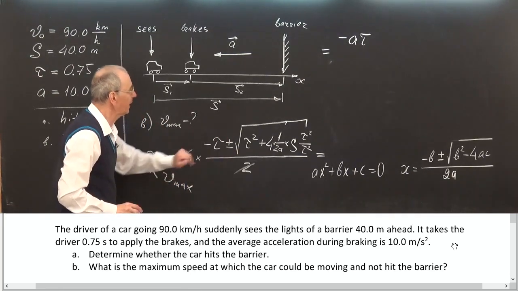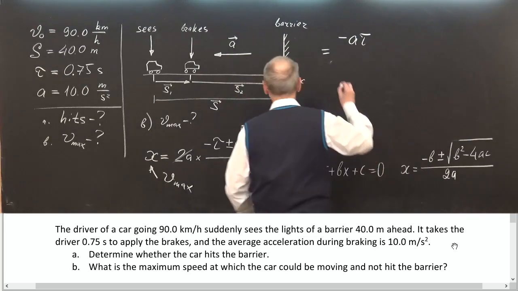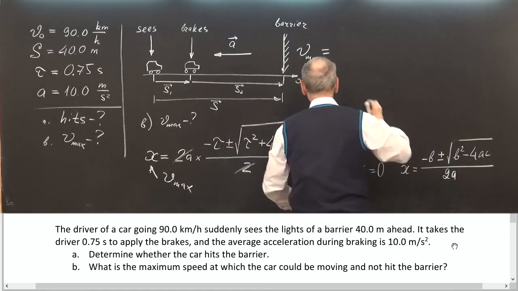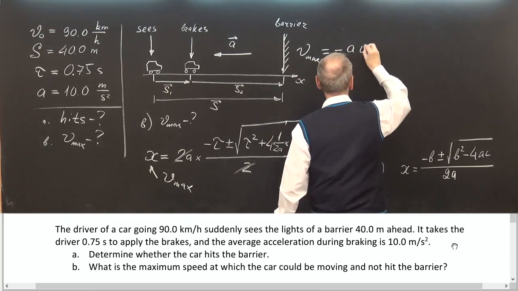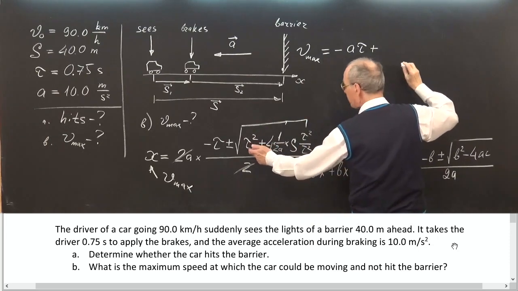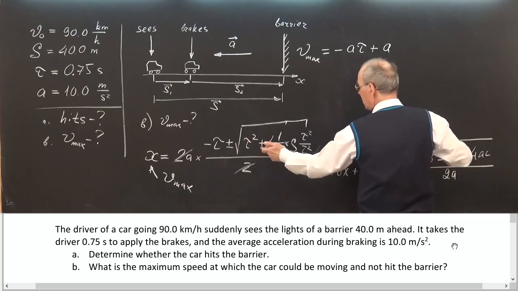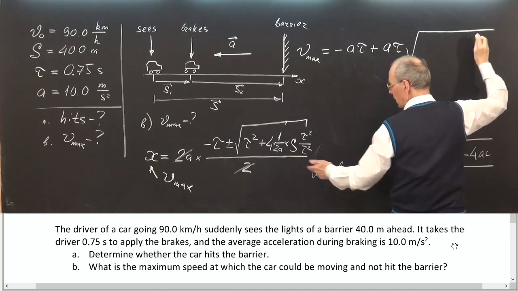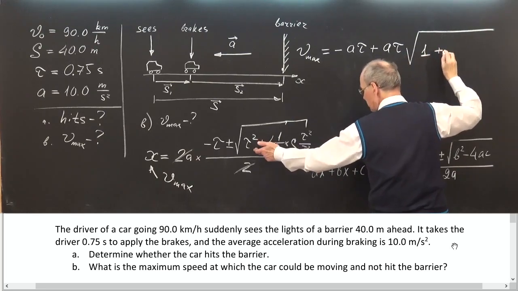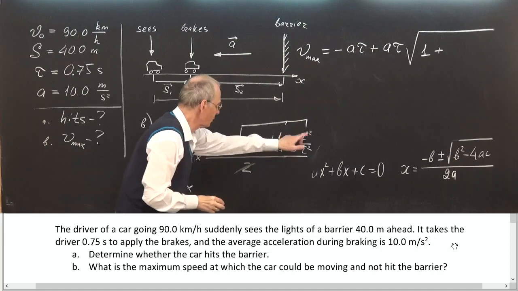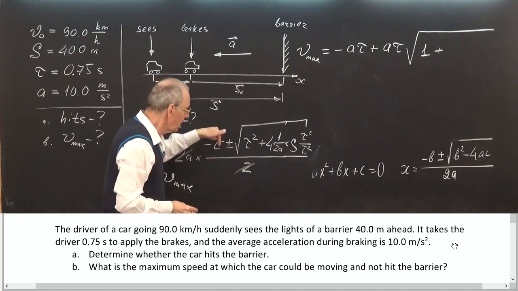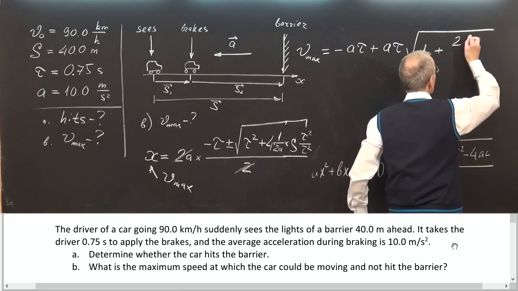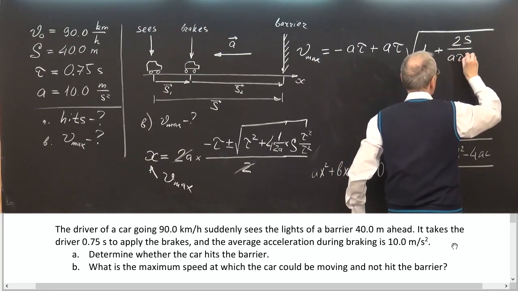So we keep only the plus. And here, let's write V max equals minus a tau plus a tau from the root, times the square root of 1 plus 2s over a tau squared.